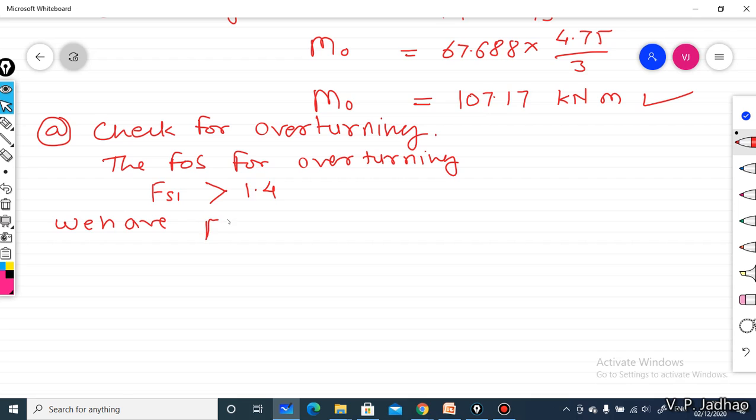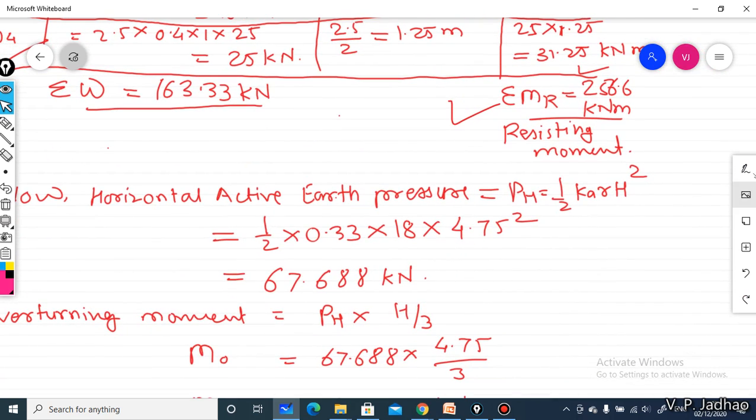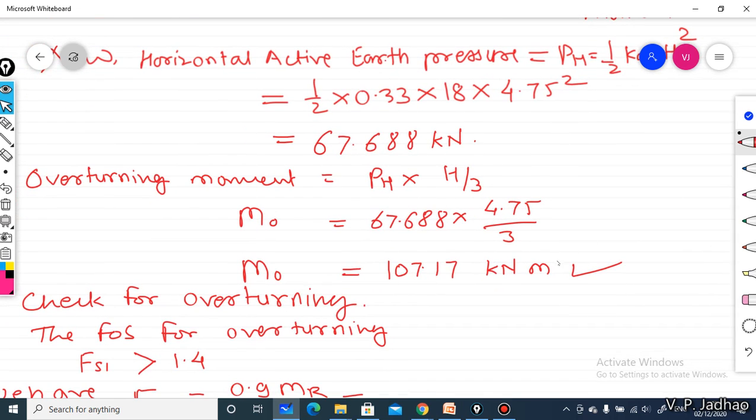The formula for calculating the factor of safety for overturning, FS1, is equal to 0.9 Mr divided by Mo. Mr is the resisting moment and Mo is the overturning moment. We have just calculated the values of Mr and Mo. Mr was 256.6 and Mo was 107.17.